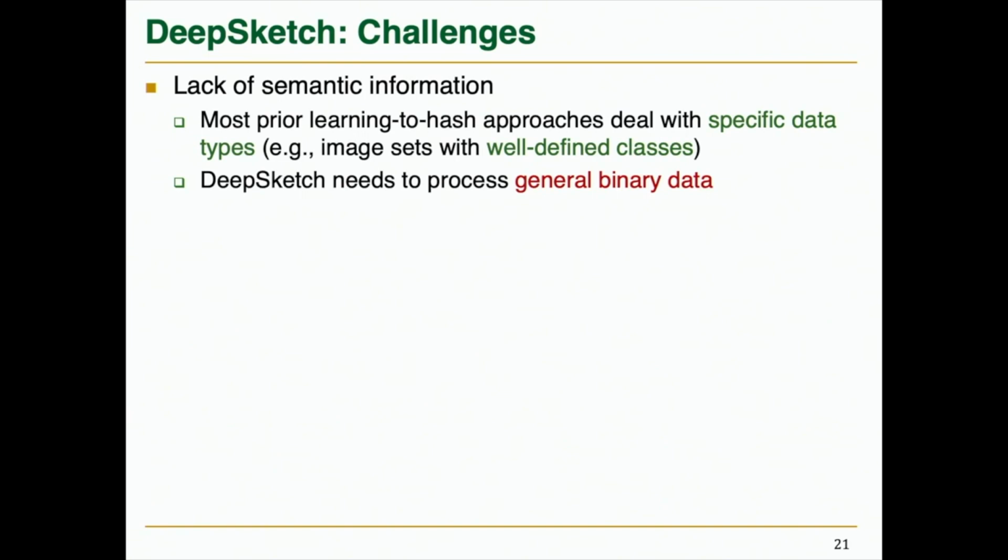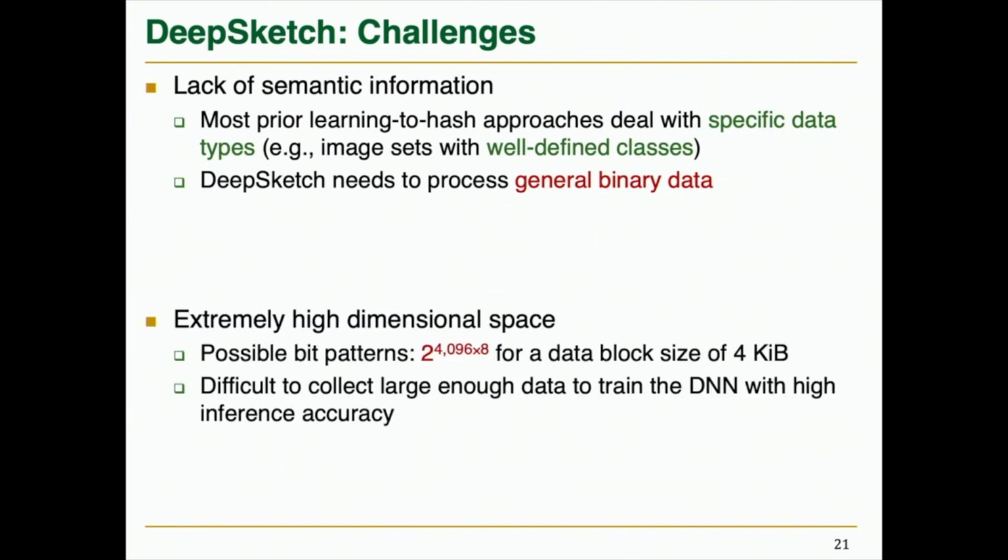To be specific, most prior learning to hash approaches deal with specific data types, but in this case, it needs to process general binary data. Therefore, our target data has an extremely high dimensional space, so it could be challenging to collect a training data set diverse enough to train a DNN with high inference accuracy.